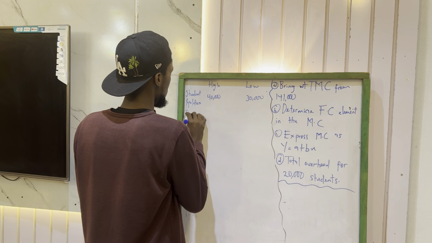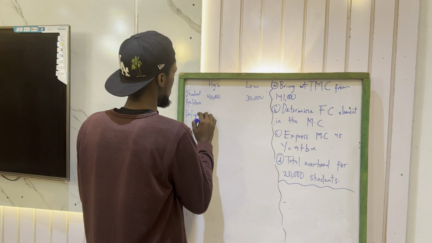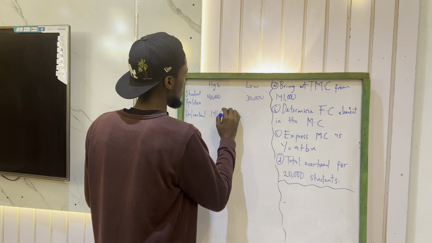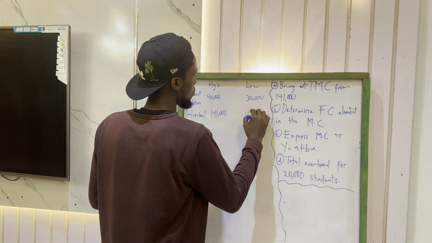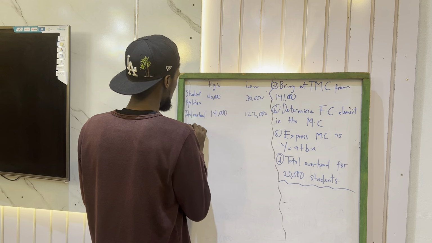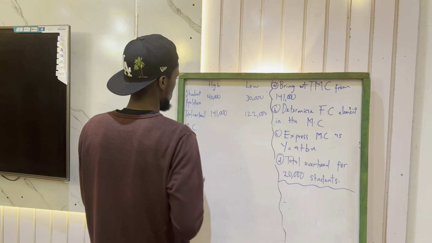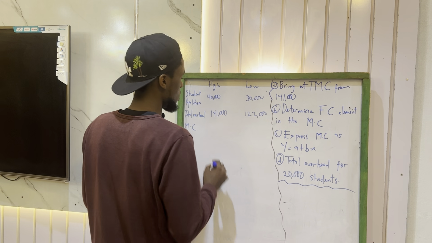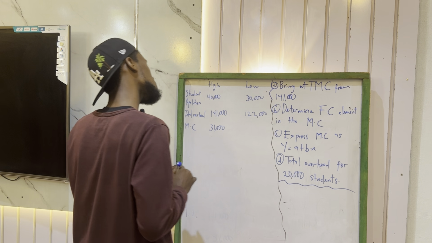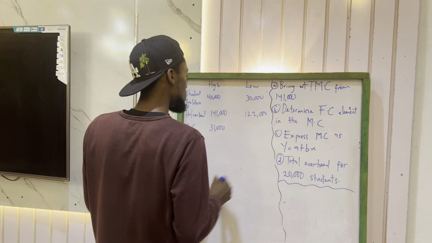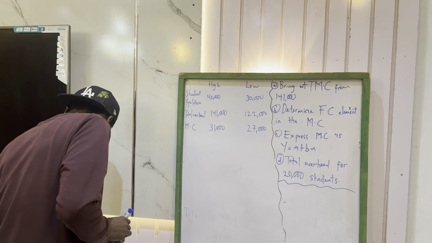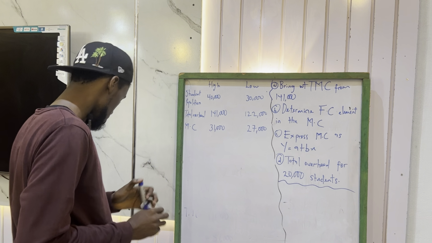Our total overhead is 141,000 and 122,000. And now our maintenance cost or our mixed cost for the high side, as we calculated, was 31,000, and then for the low side 27,000, if I am not mistaken. And no, I am not.